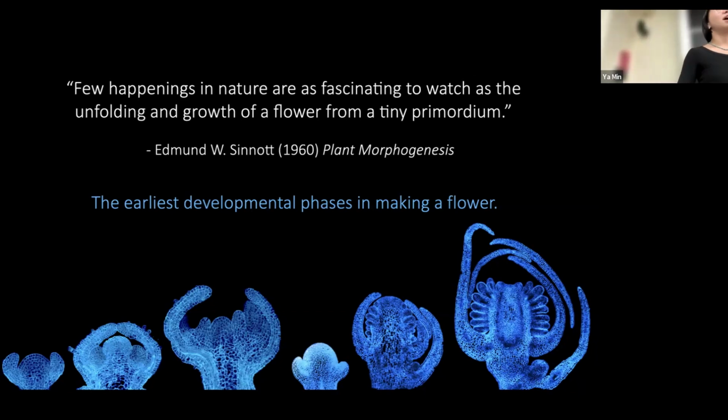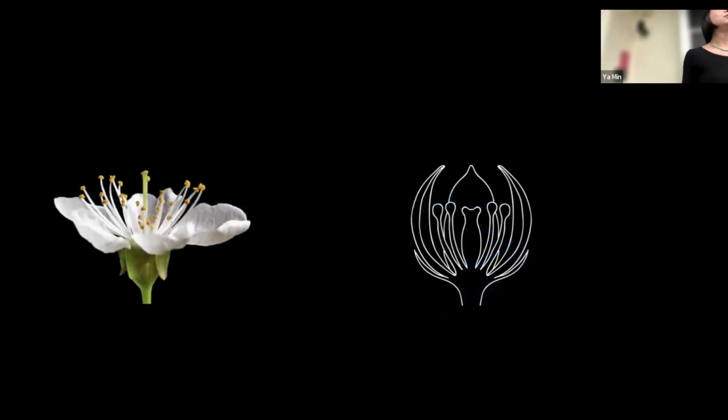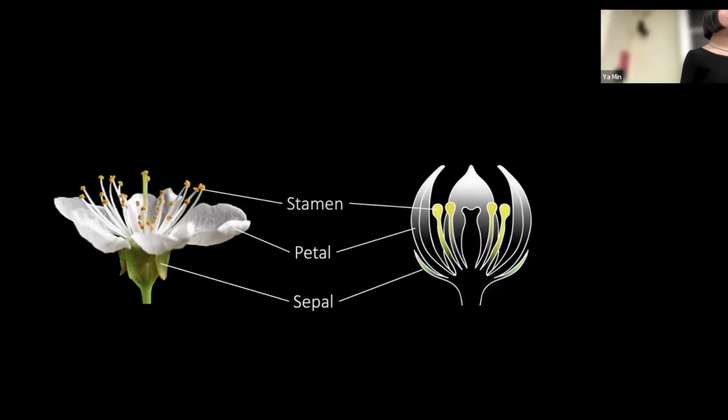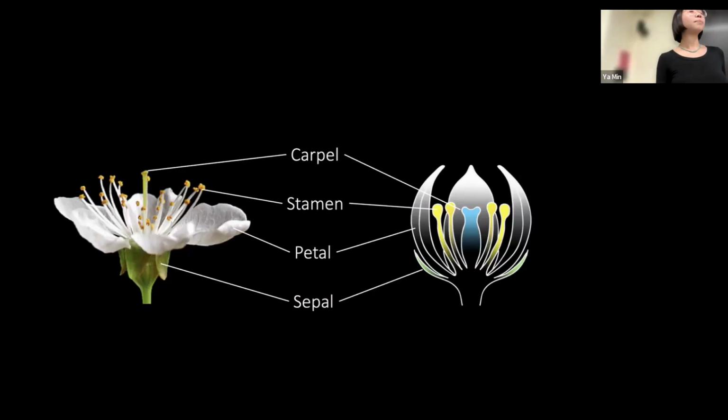Now, think about a flower. Let's say you're thinking about something like this. A typical flower has 4 types of floral organs, and they are arranged in very specific positions. From the outermost to the innermost, we have sepals, petals, stamens, which produce pollen that makes us sneeze, and carpels, which produce seeds that we can eat.